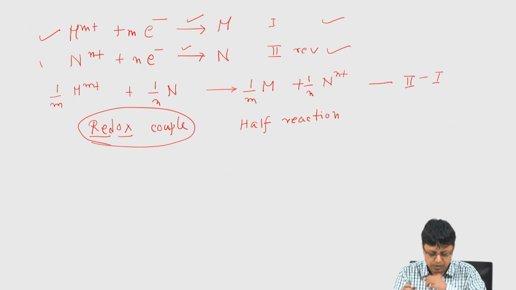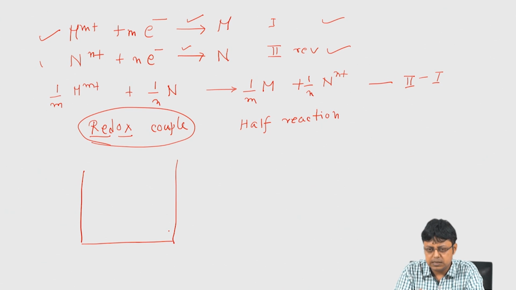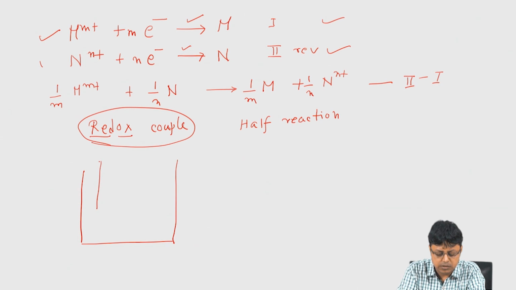Now, to begin with, let us discuss what an electrochemical cell is. As you know, an electrochemical cell, which you already studied in high school, consists of at least two electrodes.